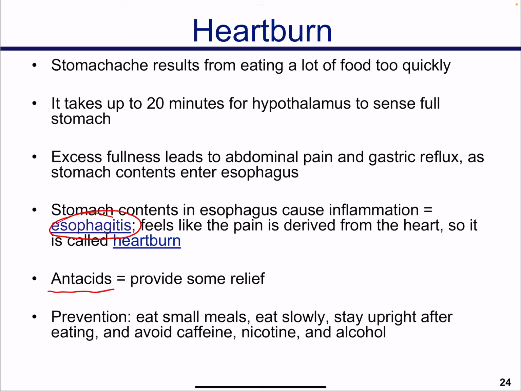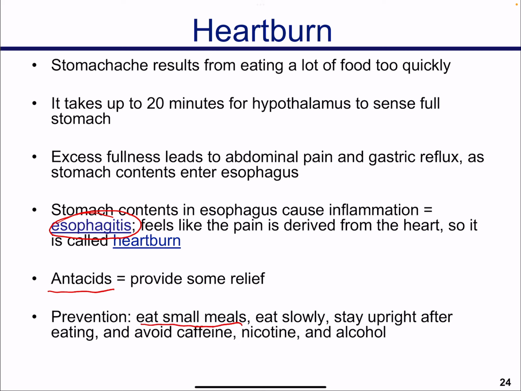So typically what would cause the heartburn is eating too much. Okay, eating too much is going to be a situation that is actually going to lead to heartburn. Okay, now how to prevent that? Obviously, you have to eat small meals.